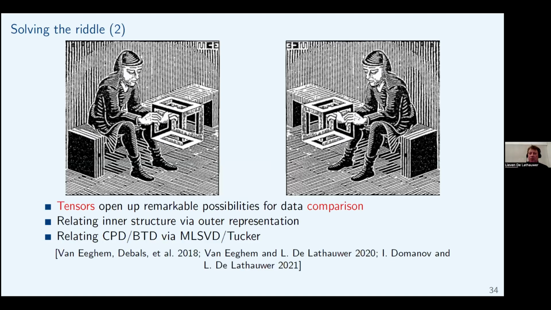So if you change your view and you say, look, what we want to do is compare things and see whether the same thing is going on the left as on the right, maybe this is really easy. So that's the second part of the talk.